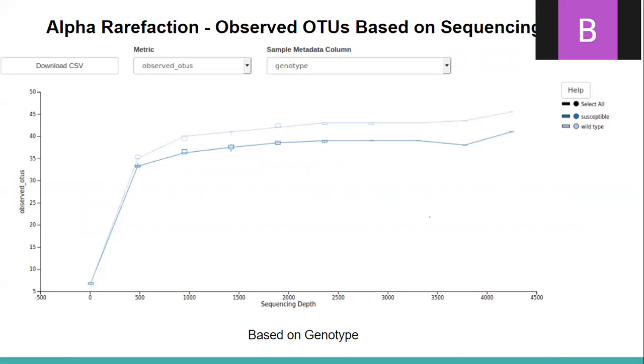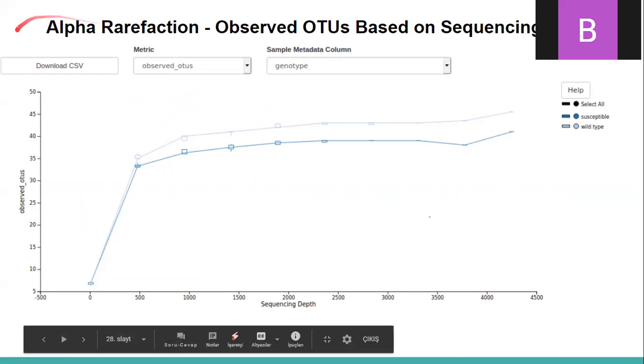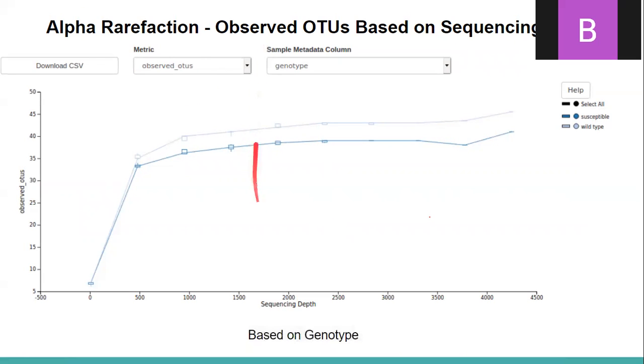Here we can see the operational taxonomic units, and we did the alpha rarefaction, and this is the result, one graphic. We can see the operational taxonomic units here, which is the old name of amplicon sequence variants. Here we can see at which depth new variants stop appearing.